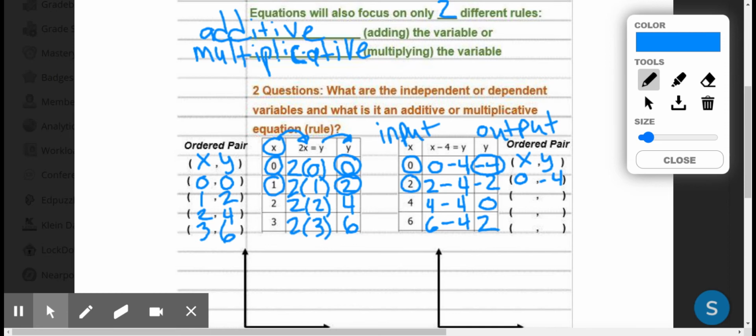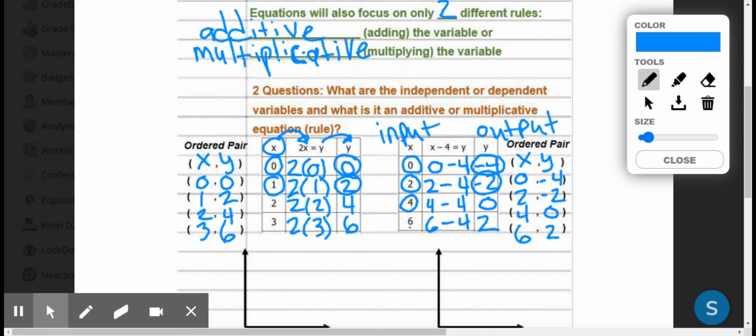When x is 2, y is -2. When x is 4, y is 0. When x is 6, y is 2.